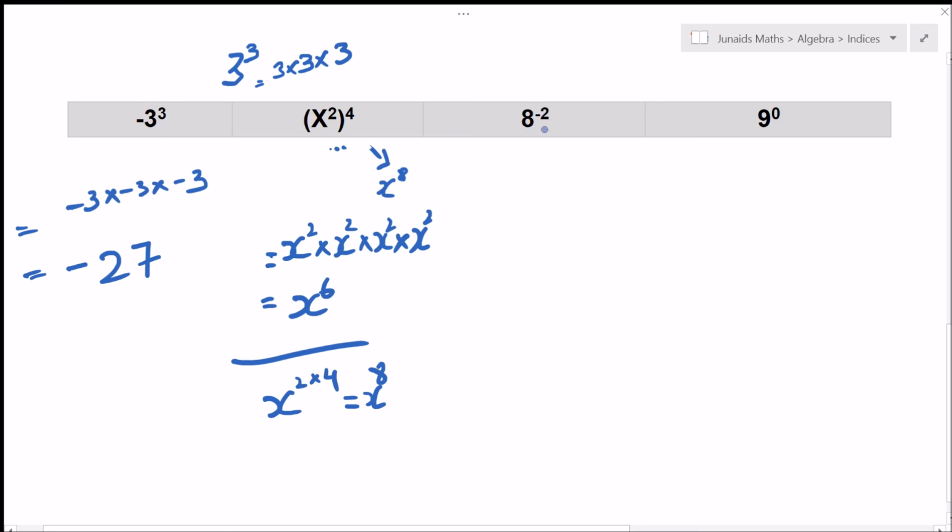When the power is negative, it means that this number is actually underneath 1 or is a fraction. Now you can convert 2 into a positive number. Now if we actually simplify this, 1 over 8 squared is 8 times 8, and then the answer will be 1 over 64.